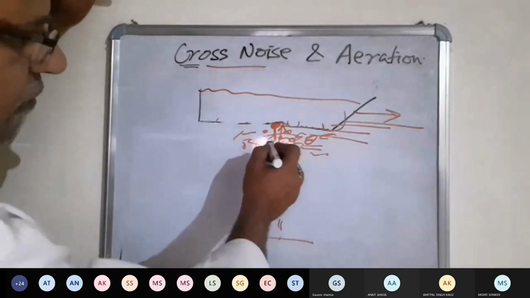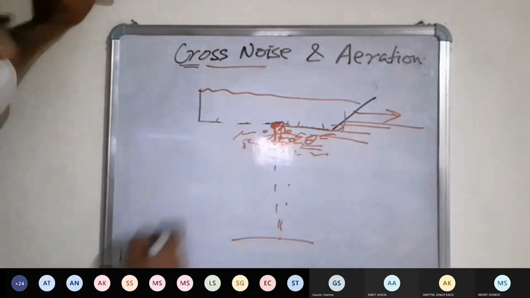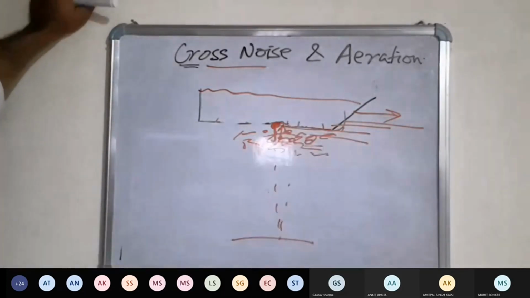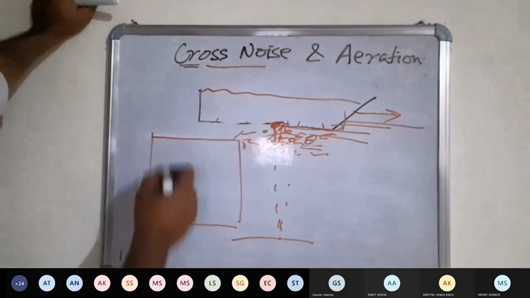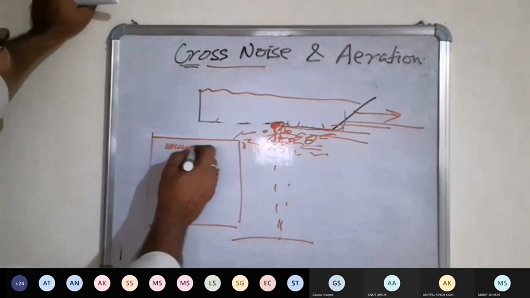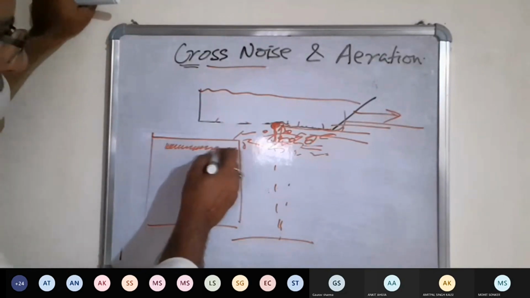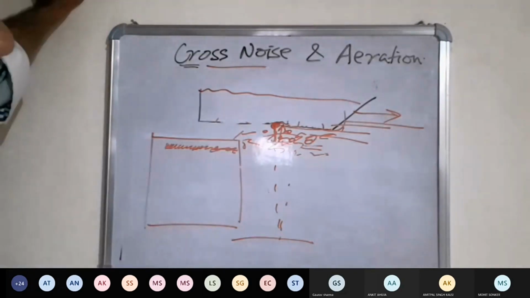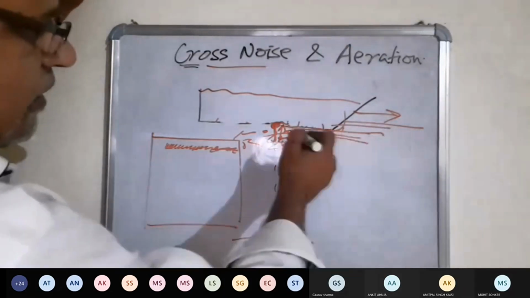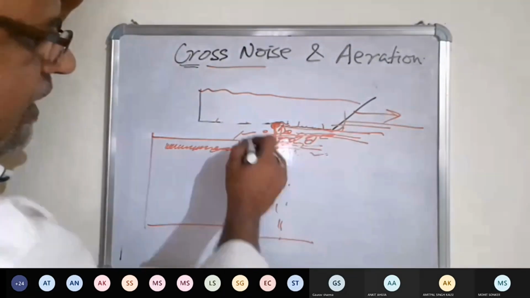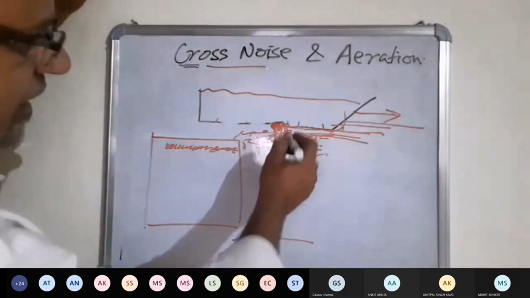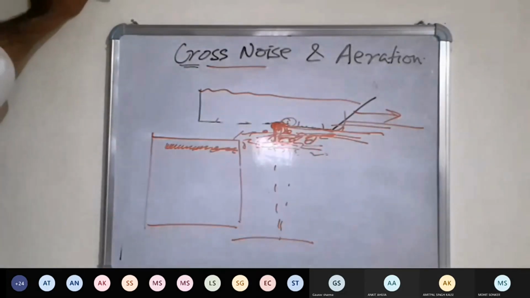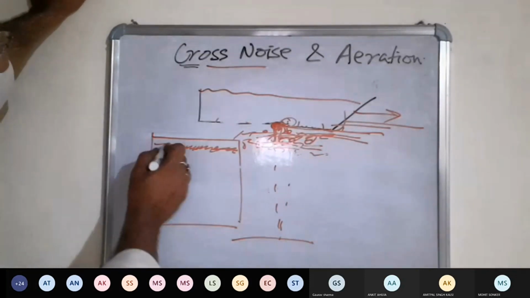Again, this is also very close to the transducer क्योंकि हल के साथ लगा हुआ है. This also causes a dark line near the zero line. Because of the layer of bubbles, some bit of energy is getting reflected back and it is received by the transducer. And so at zero line there is a mark.